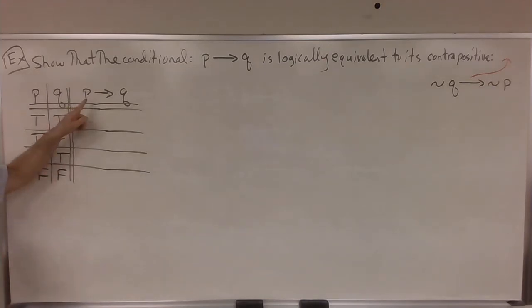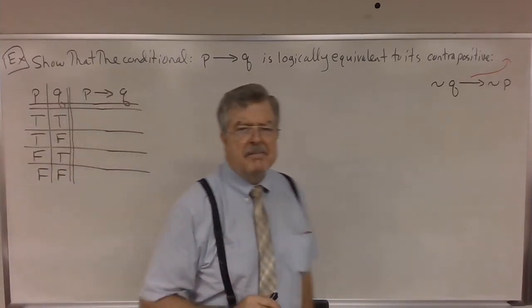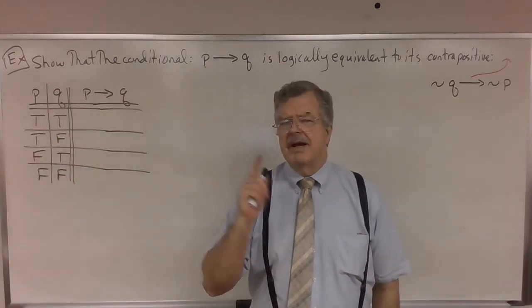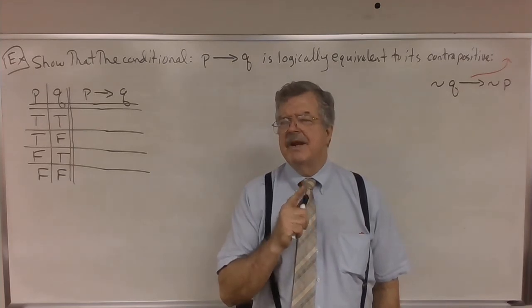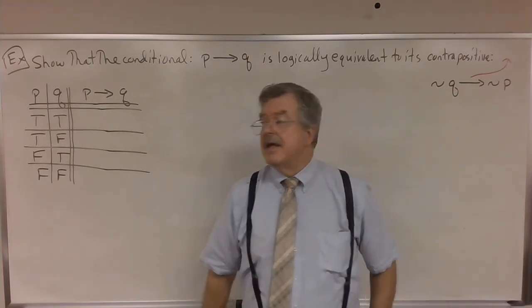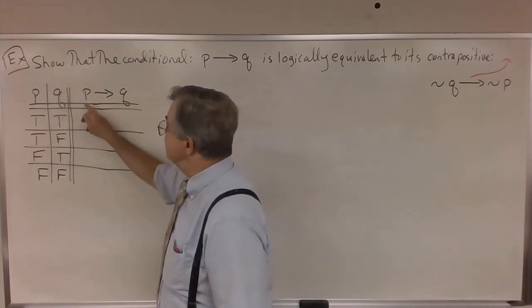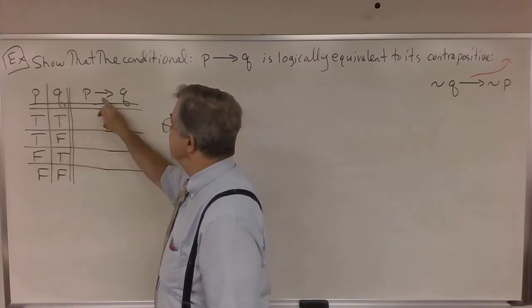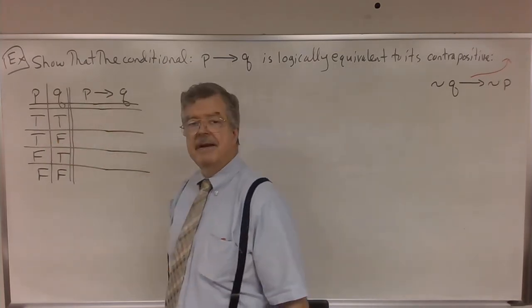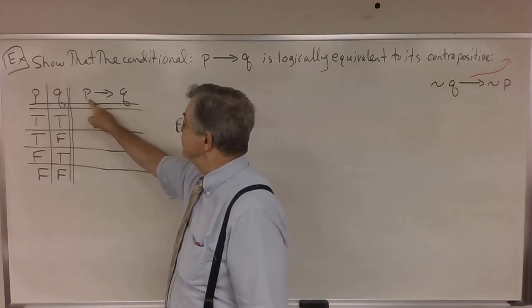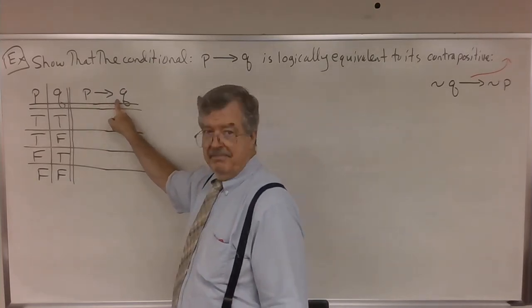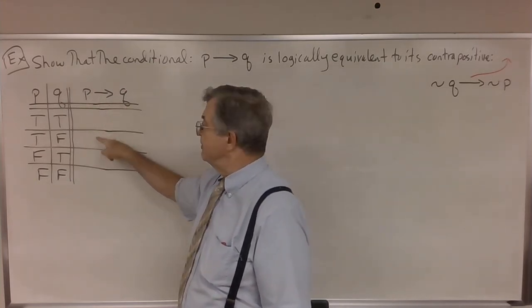And when's the only time that P implies Q is false? Do you remember? P implies Q, the special case. When is it false? Exactly when we have P true implying Q false, right? Whenever we have a true implying a false, that's going to be false.